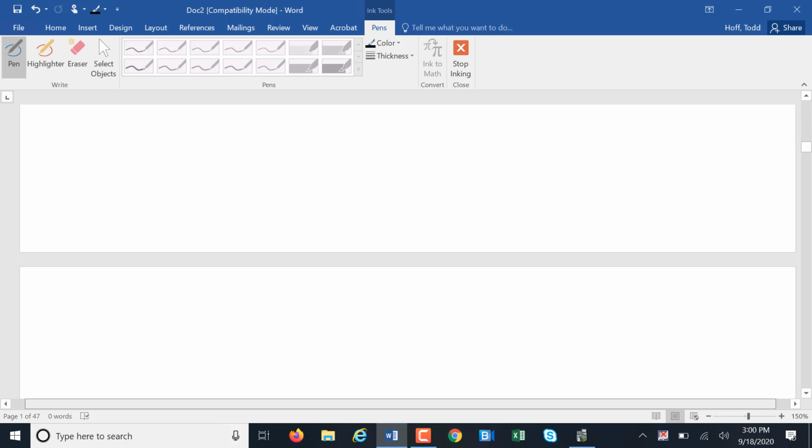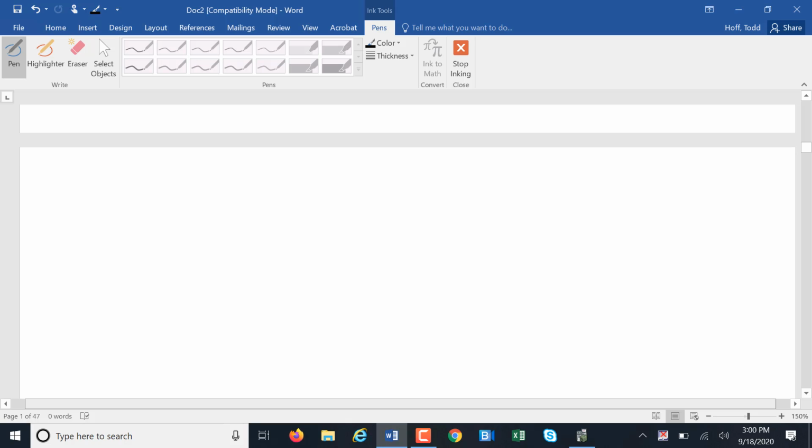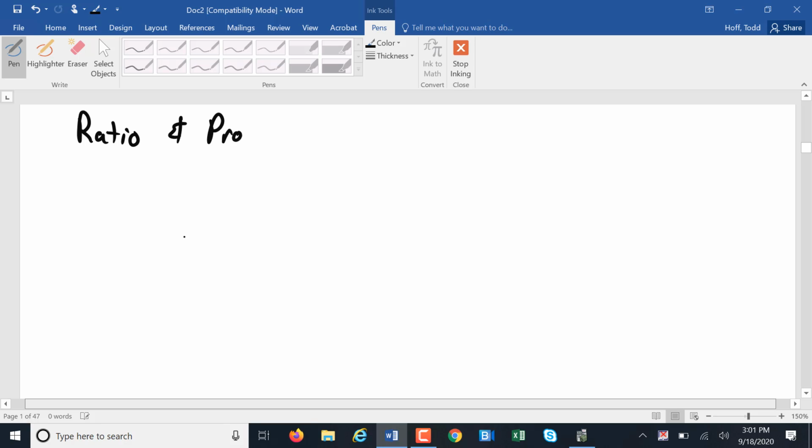Okay, so that is it for the decimal part of it. Our next step is to move on to one of the more powerful tools in math, actually a small piece of the more powerful tools in math. One of the most powerful tools we have in math is the concept of ratio and proportion. And we will use those later on in the course.